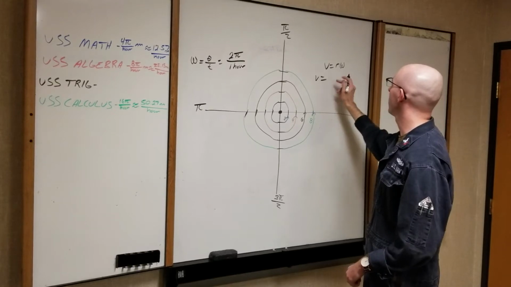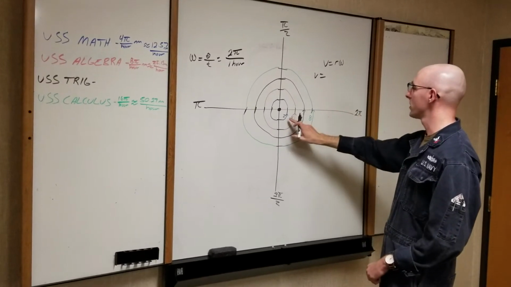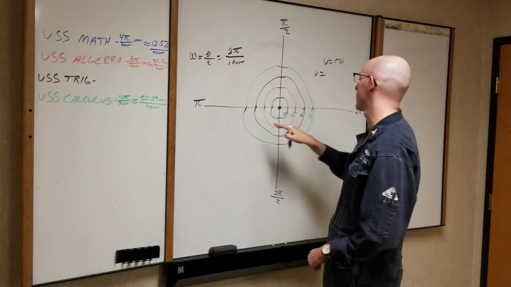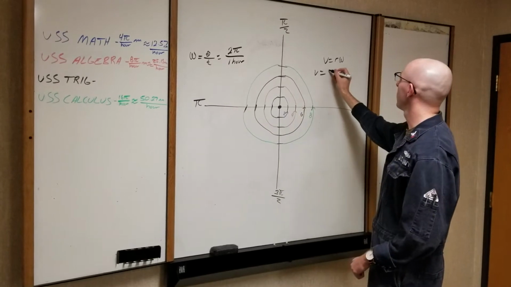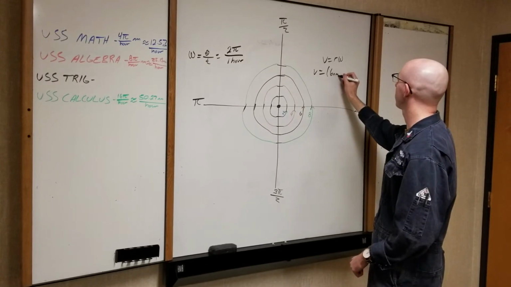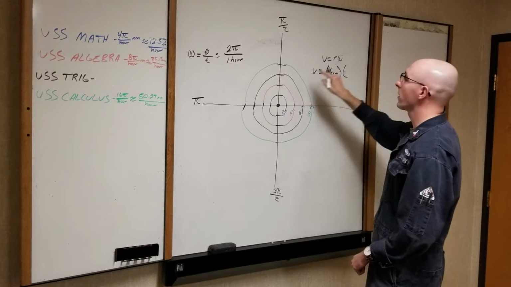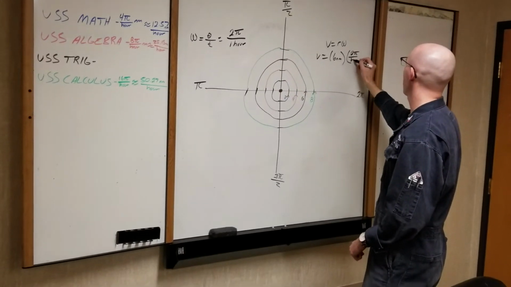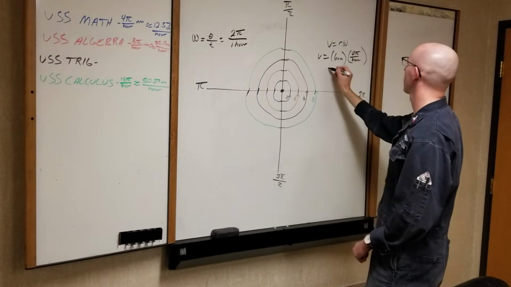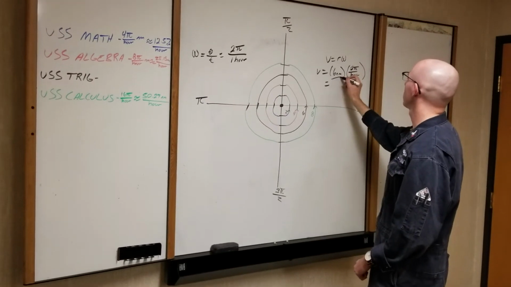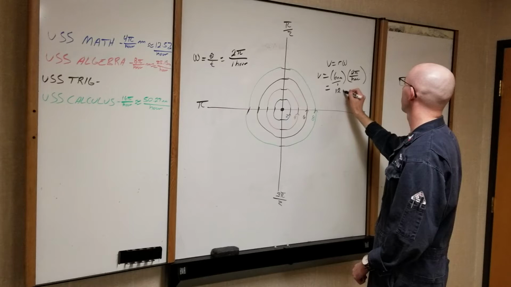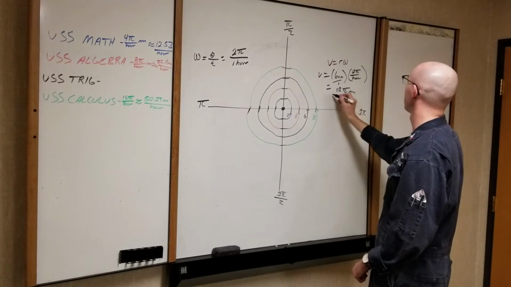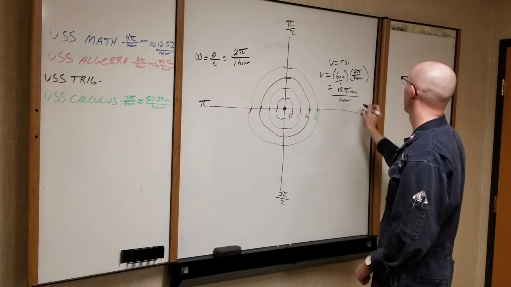So linear speed equals our radius r, which is 6 nautical miles for the USS Trigonometry, times our angular speed of 2 pi an hour, which if we multiply across gives us 12 pi nautical miles an hour.